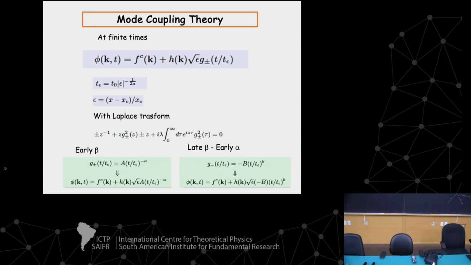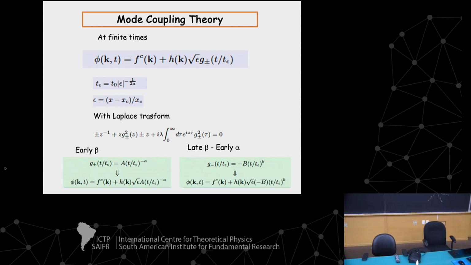At finite times, having done the asymptotic expansion, our correlator, which for us is f of q,t, will be equal to a critical value plus a function of t over t epsilon, where t epsilon is t0 over epsilon to the 1/2a, and epsilon is (T minus Tc) divided by Tc.